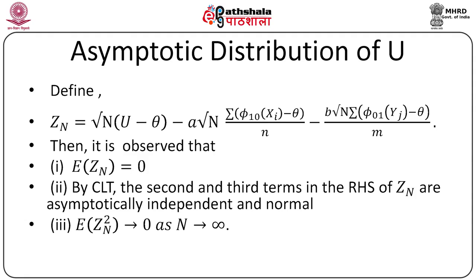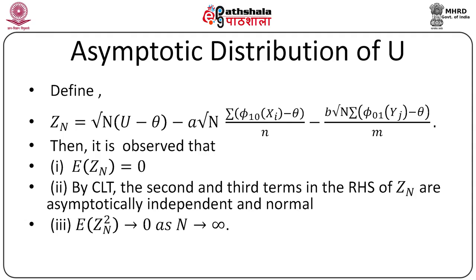Now, let us consider some examples. Consider example 1 again, where the U statistic is X bar minus Y bar. Now, applying the above result, as n tends to infinity, we have the limiting distribution of square root of n into X bar minus Y bar minus theta is normal with mean 0 and variance sigma square, where sigma square is nothing but sigma square 10 by lambda plus sigma square 01 by 1 minus lambda.